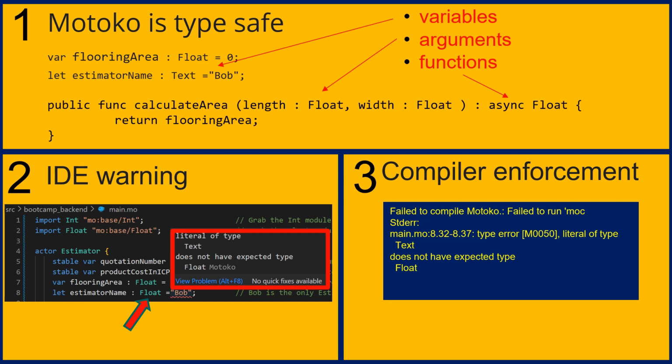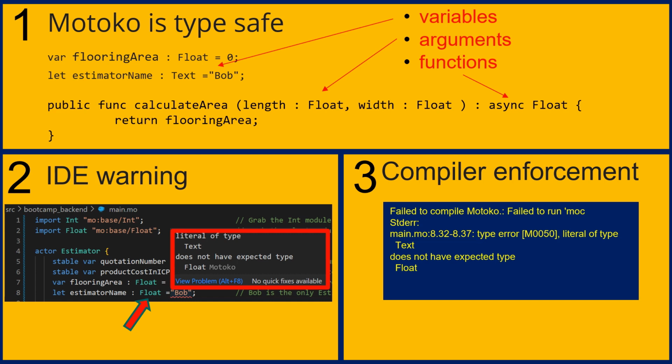And of course, Bob is not a floating point number. So the integrated development environment will throw a warning up saying that text does not have the expected type of float, obviously. Let's say we save the file and compiled it.